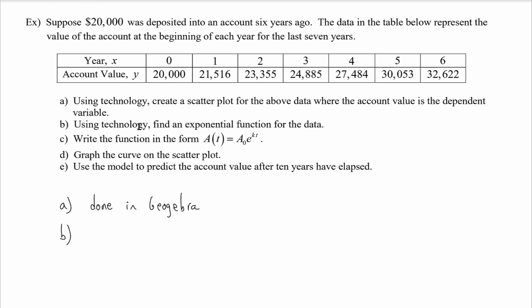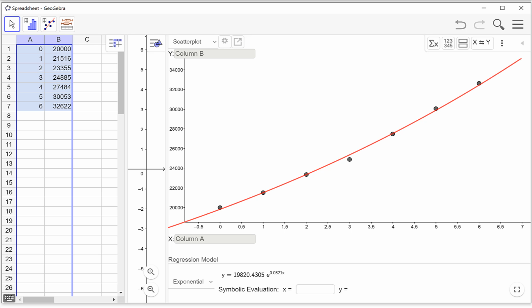All right, so B, find an exponential function for that. I'm going to go ahead and use the letters we're used to. So I'm going to say A of t and all that good stuff.